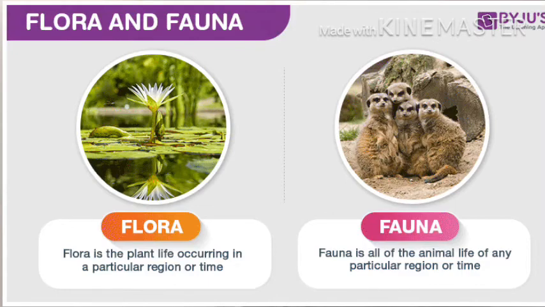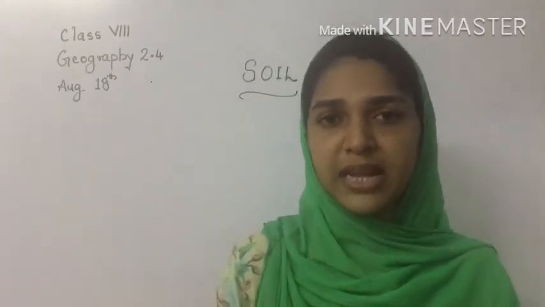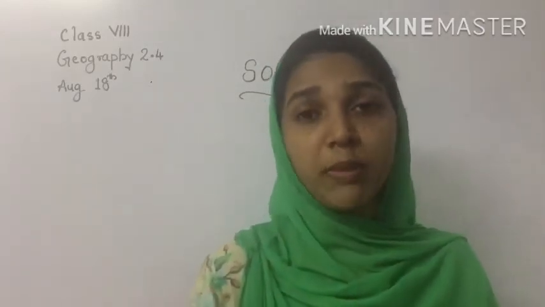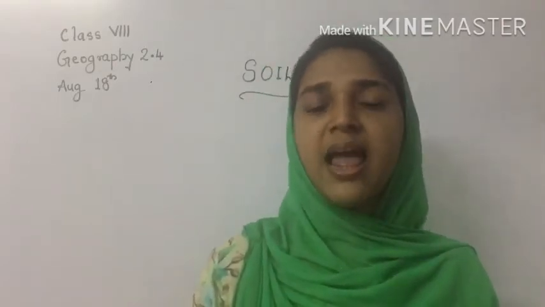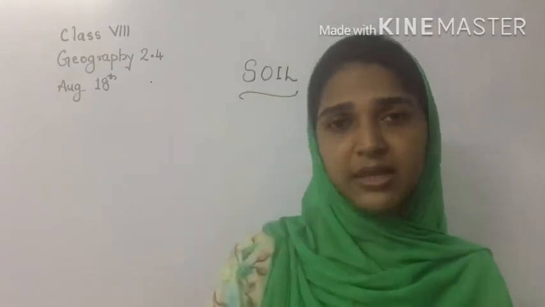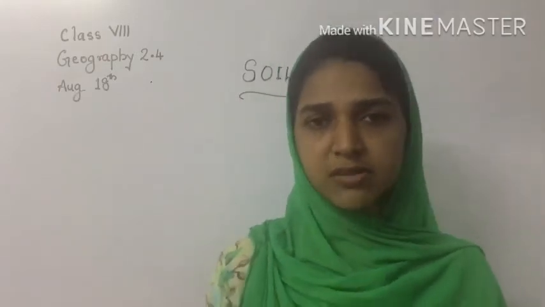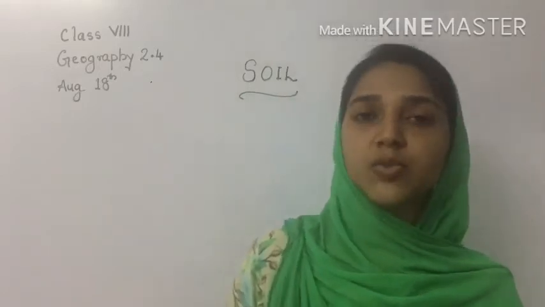Fauna means the animals of that particular area. So the plants and animals in a particular area will affect the formation of the soil of that area. And microorganisms like bacteria, fungi, earthworms, etc. also help soil formation.